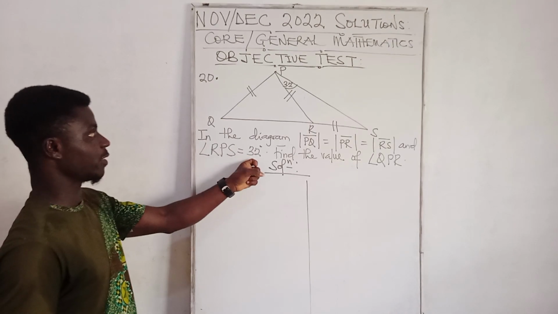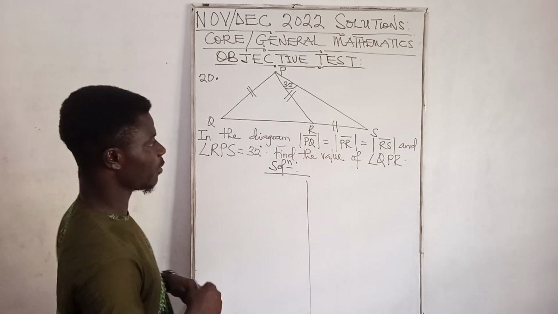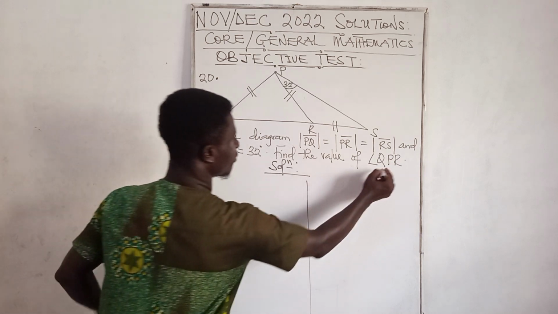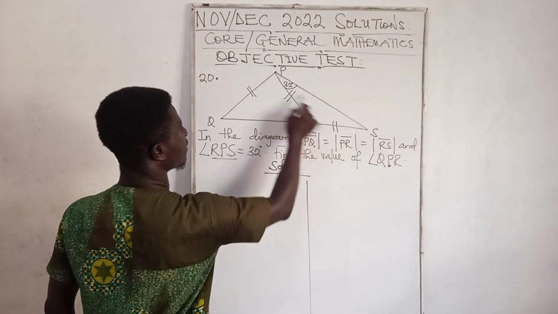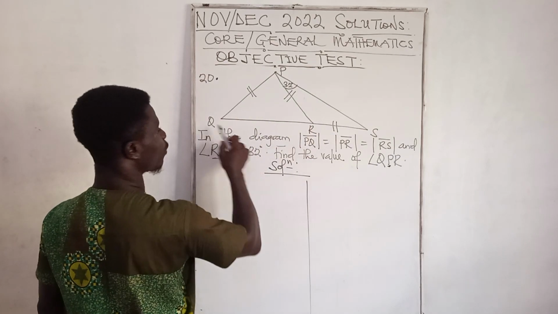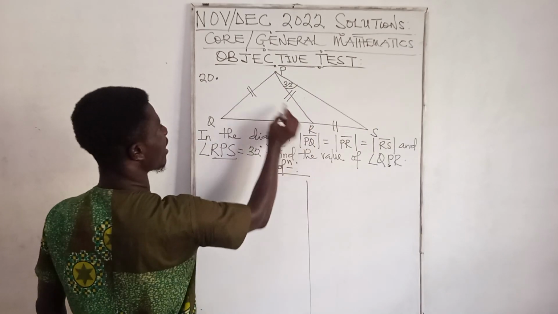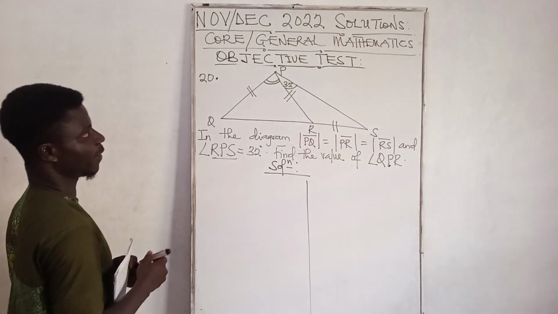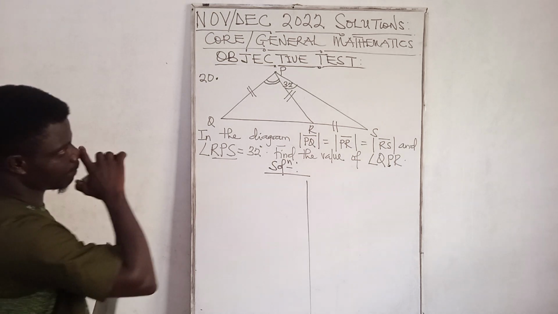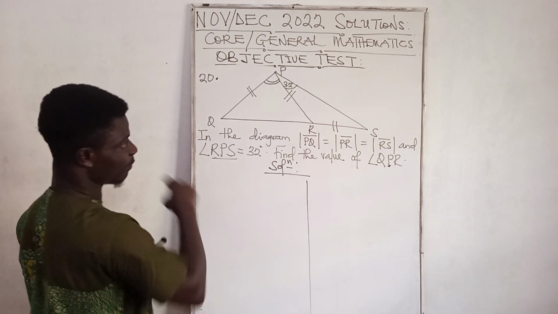Is the angle, which is 32 degrees. Find the value of angle QPR. So we have RPS, which is that. So they said we should find QPR. So we are finding this one here. So now here, how best can we find that?